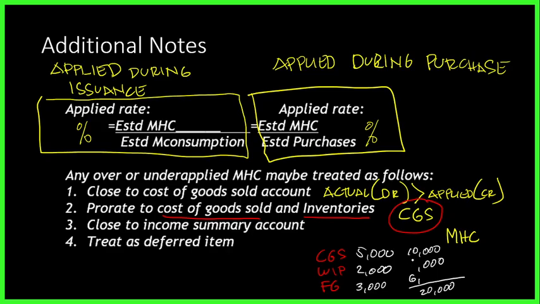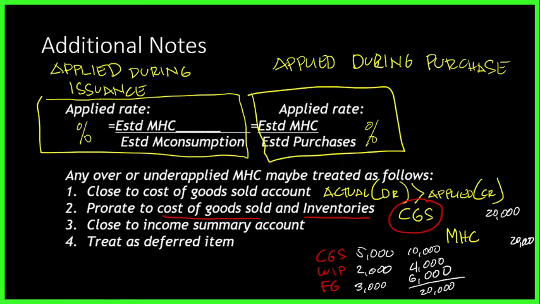Ayan. This one will be okay, 4,000. So, dito kanina, you have 20,000 and 20,000. Just an assumption, okay? Here, you will now debit cost of goods sold of 5, debit work in process of 2, and debit finished goods at 3,000.